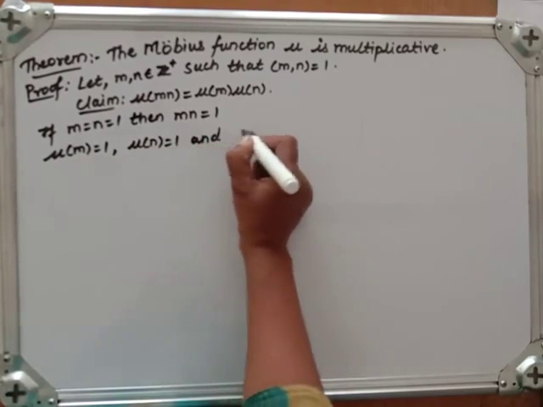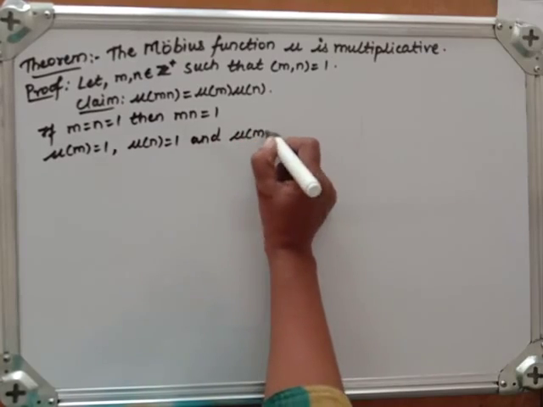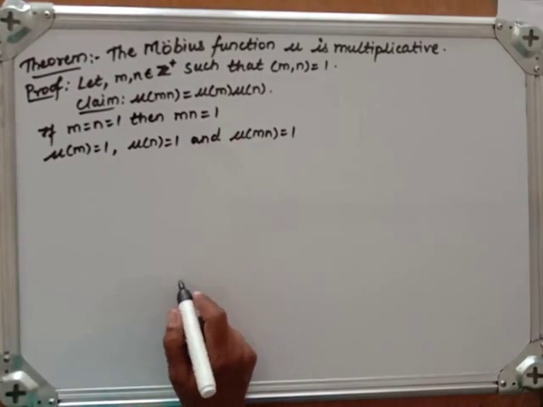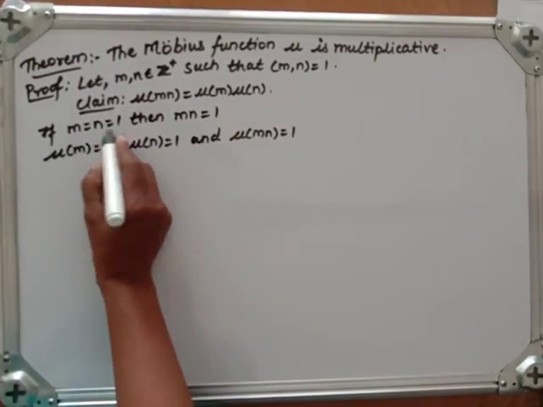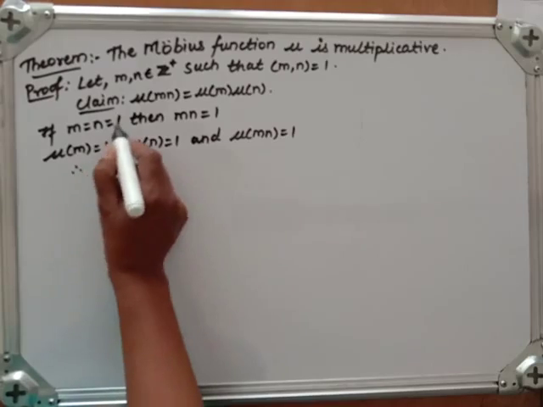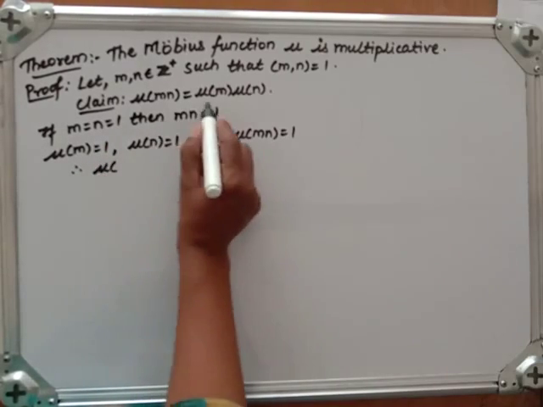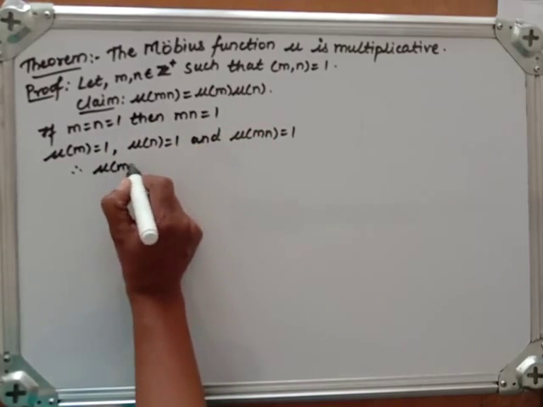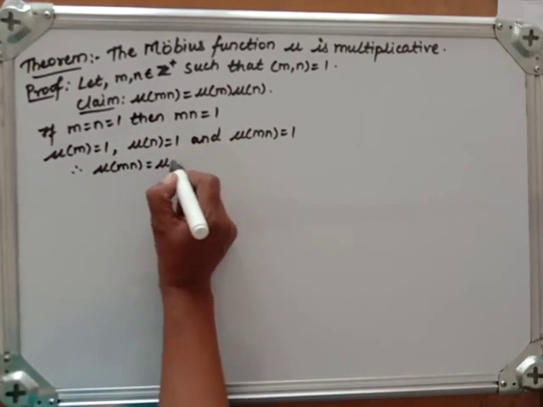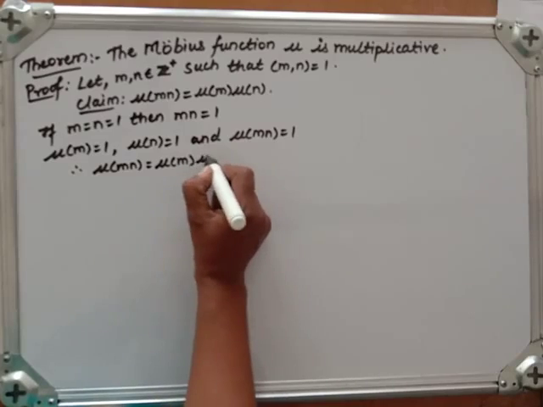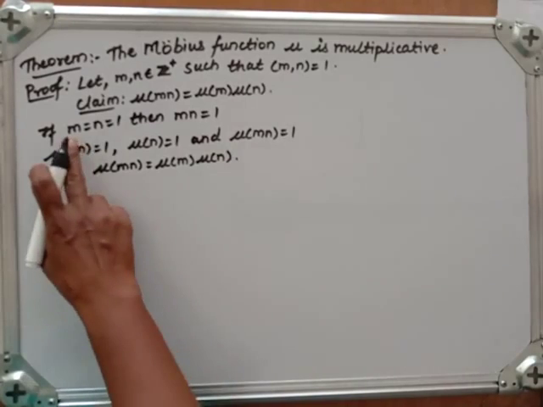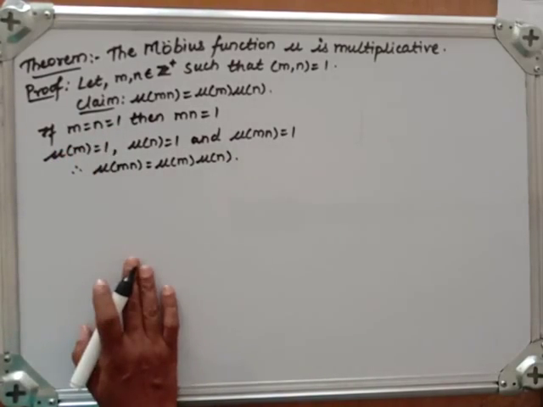Also, mu of mn is also 1, because the product will be 1, fine. So if m and n are 1, then this multiplicative rule will follow. So mu of mn is equal to mu of m into mu of n in that case, fine. Now, the question is left for m and n not equal to 1.